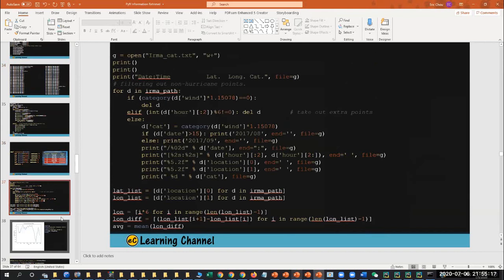And I can also get the latitude and longitude, and then I can post on Google Maps if I really want to. It will show where the Irma hurricane is at a certain time. Is that okay? But I didn't do that. So here I read in the data, put that into a dictionary, and then I can print the data, hours and location.